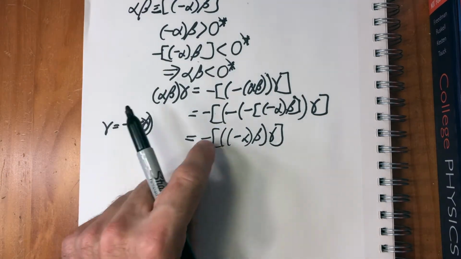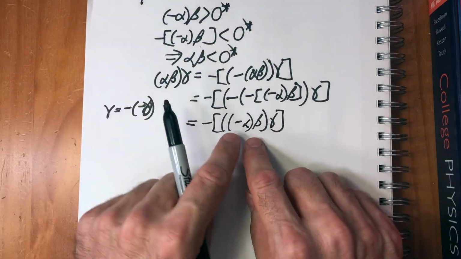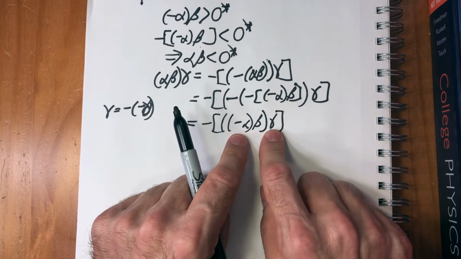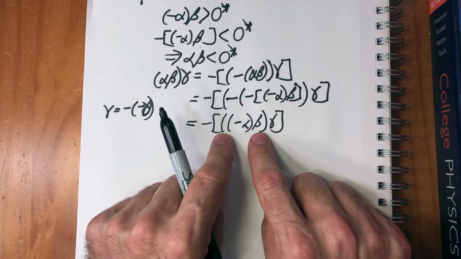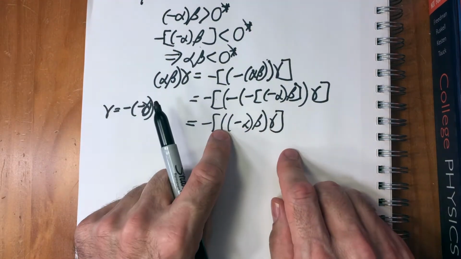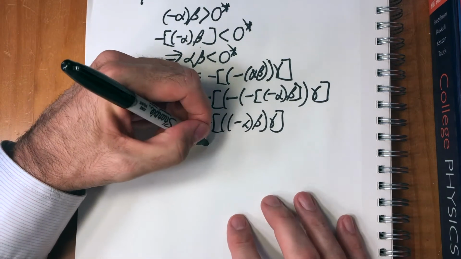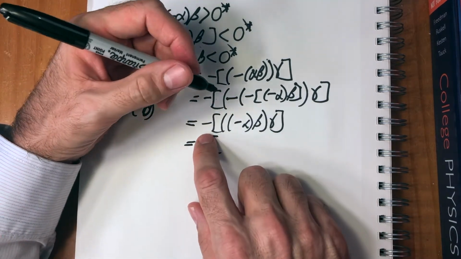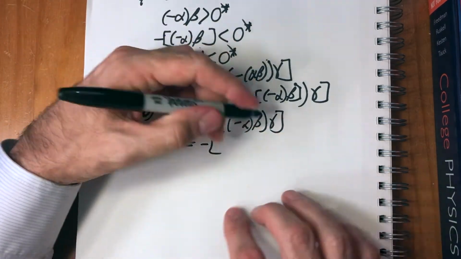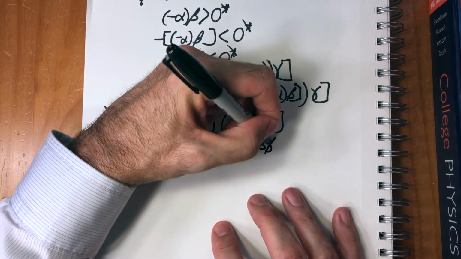Okay? Now what we have inside of the square brackets, we have a positive and a positive. And these two are in parentheses and that one's not. We know when we're all positive that these are associative. So we can do minus, and then we can move the parentheses here. So we have minus alpha, and then beta gamma.